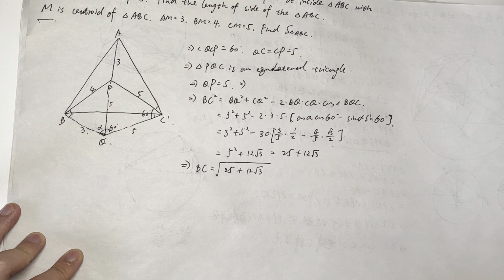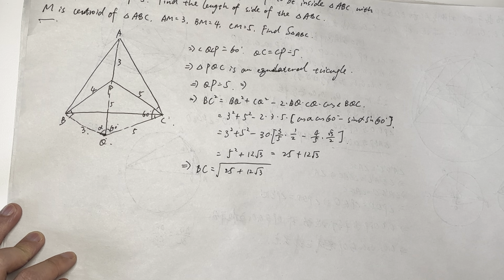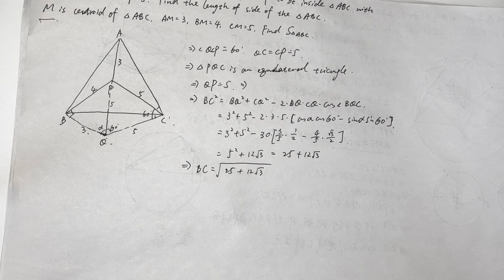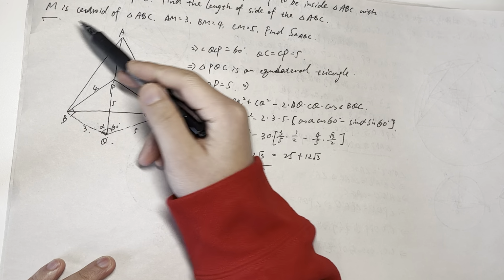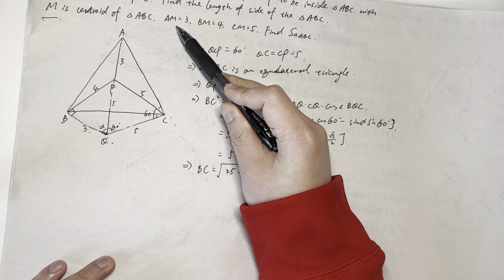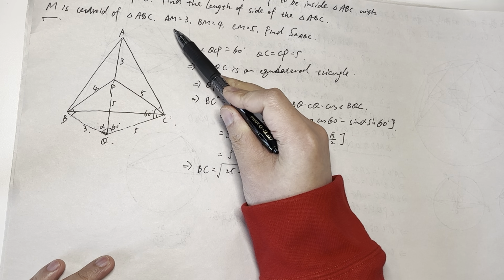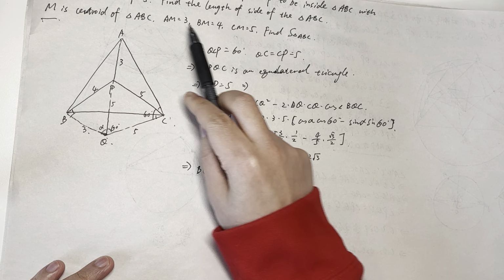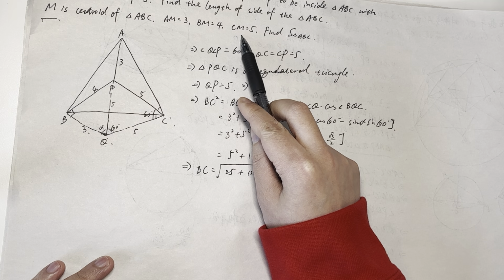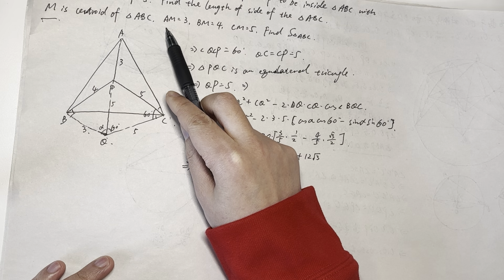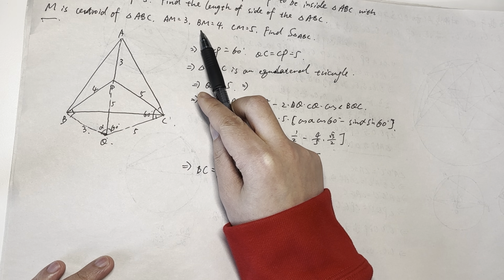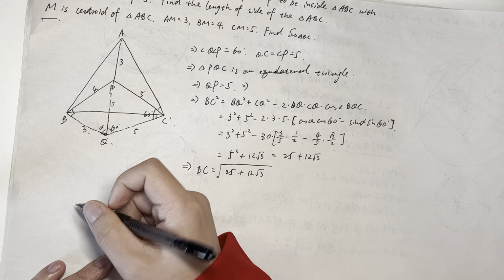We discussed the properties of the centroid in that video. That means the median from A to the opposite edge and the median from B to the opposite edge are perpendicular to each other, right?